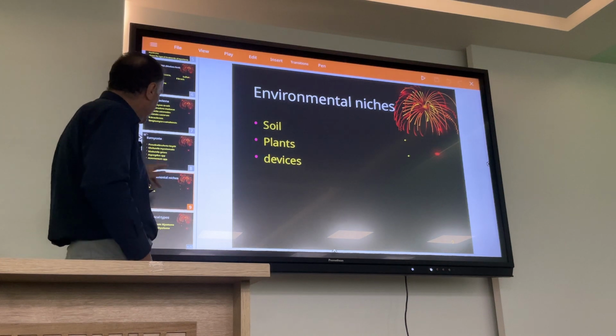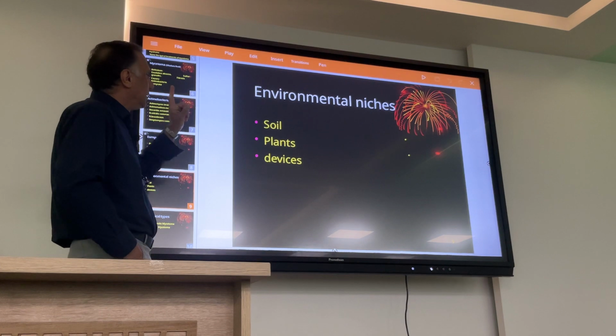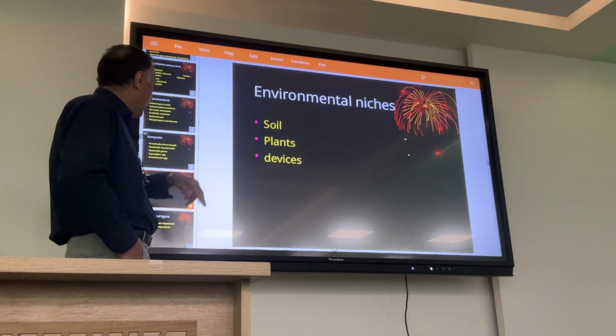The sources of these bacteria and fungi are soil, plants, and devices.